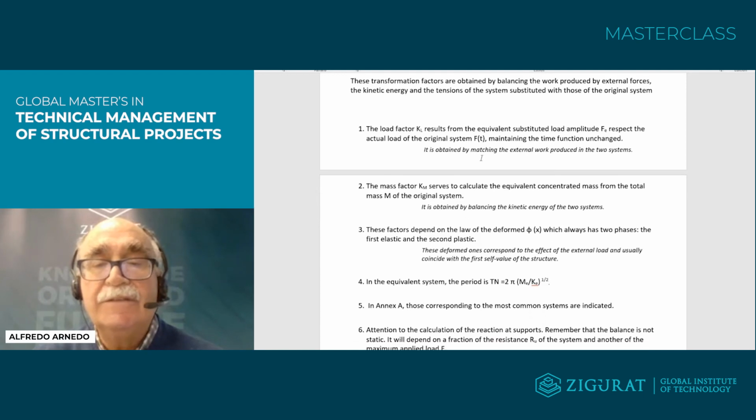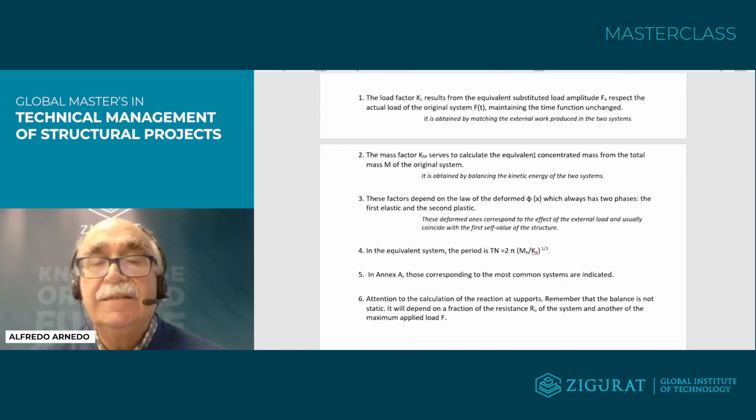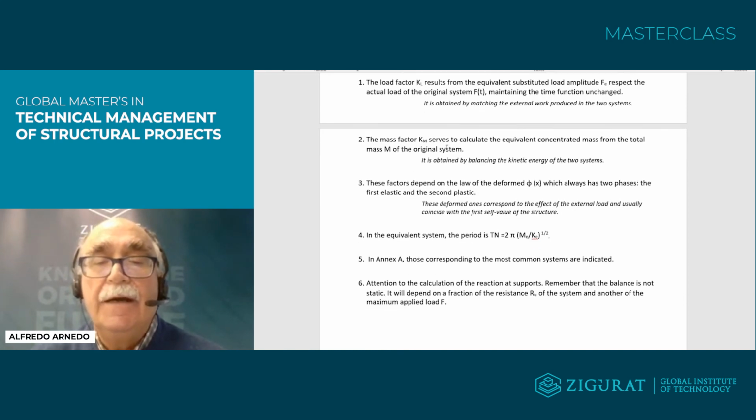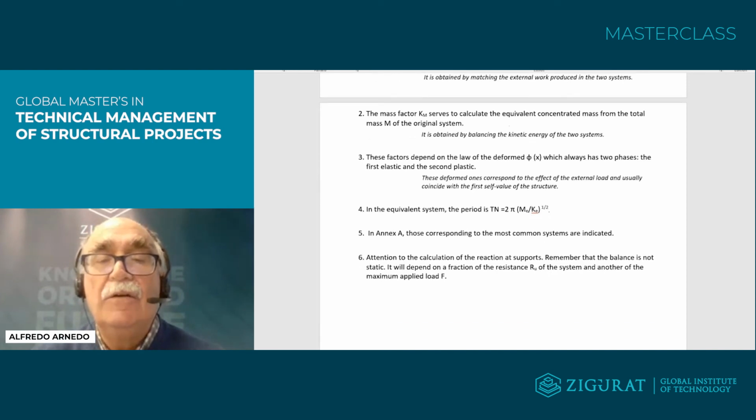The first is the load factor. The load factor relates the external work produced by the explosion to the energy in a single degree of freedom. The mass, for instance, in the single degree of freedom is an equivalent mass that is an abstract of the total mass of the building.